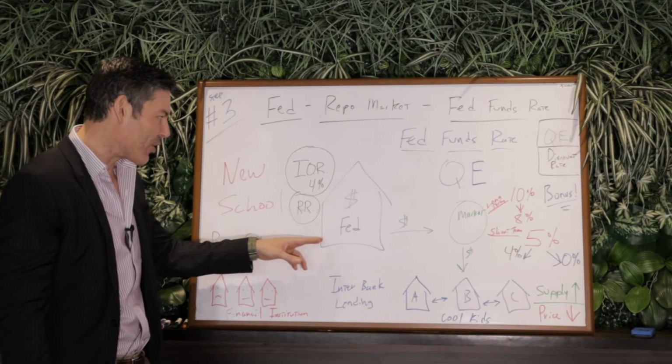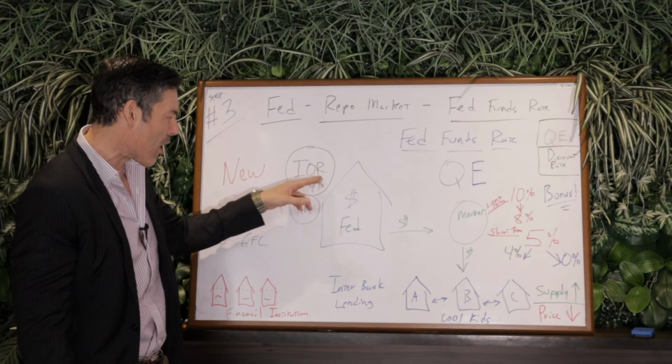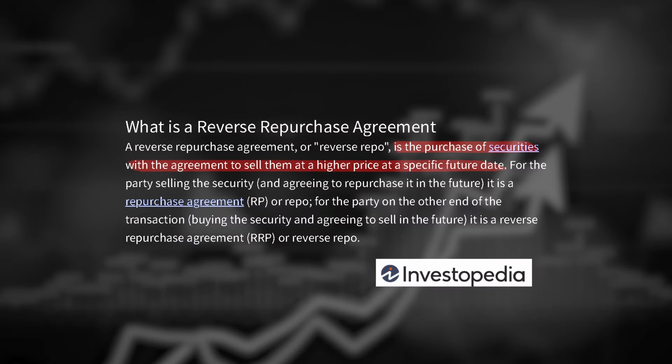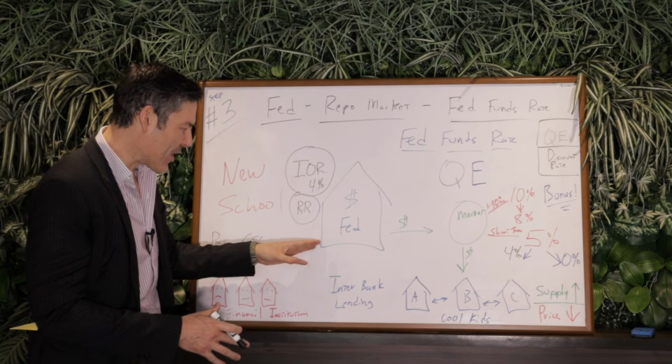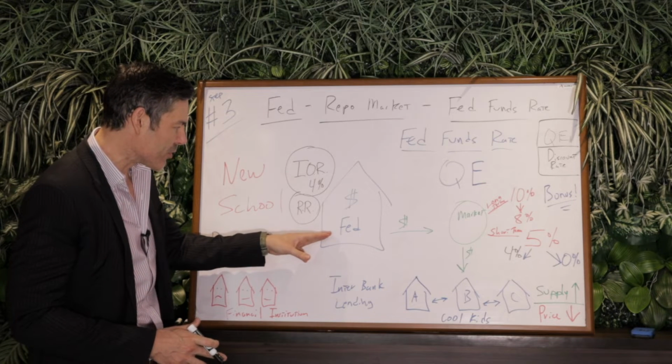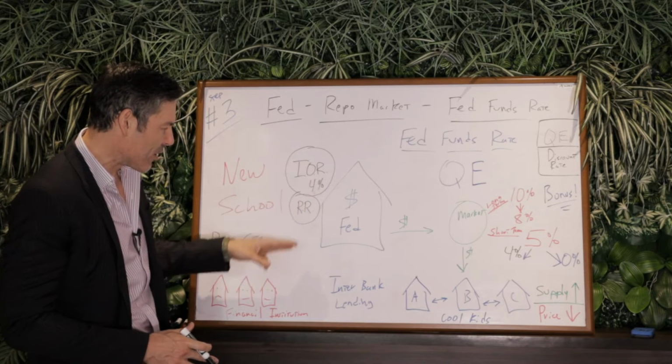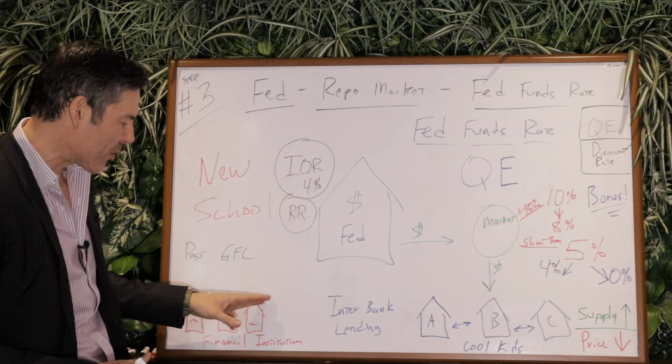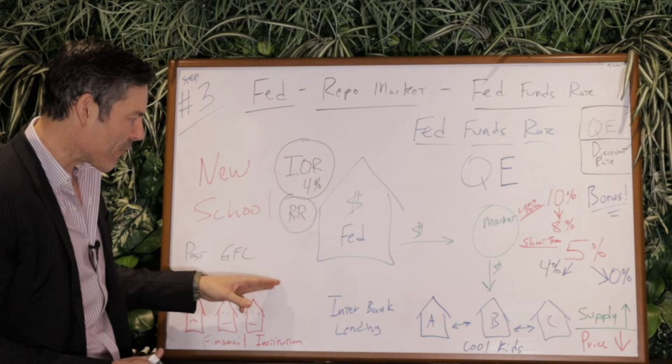So what they came up with, in addition to IOR, is reverse repurchases or reverse repos. And now we're getting to the modern day here. And you guys, I'm sure, recognize that term. So the Fed says to these banks that are outside of the system, we'll buy your reserves for that 4%, this reverse repurchase, and then you can buy them back from us whenever you'd like.